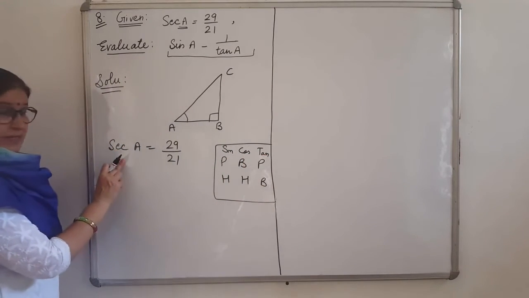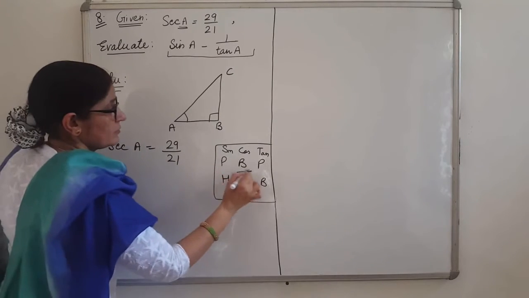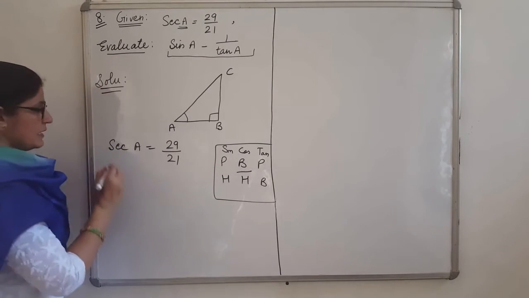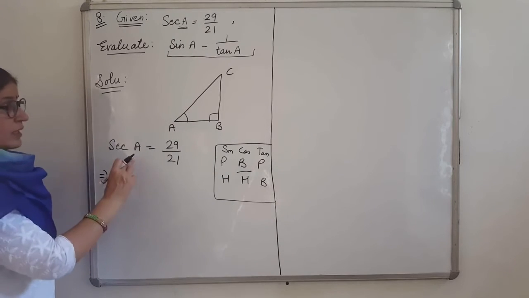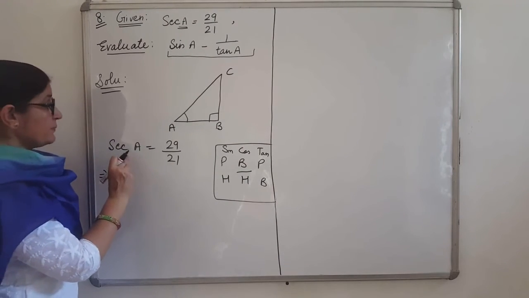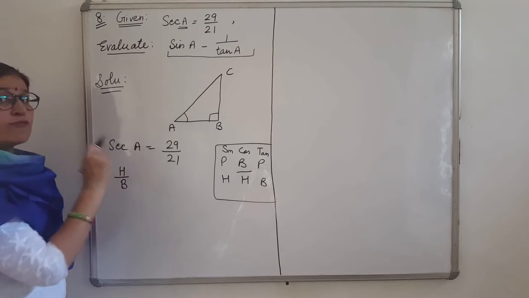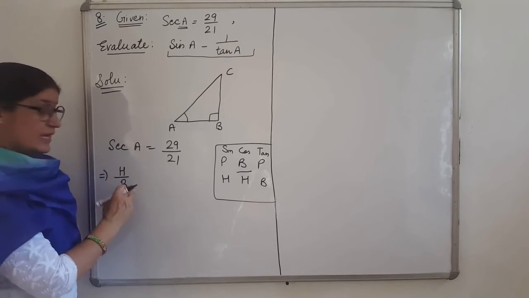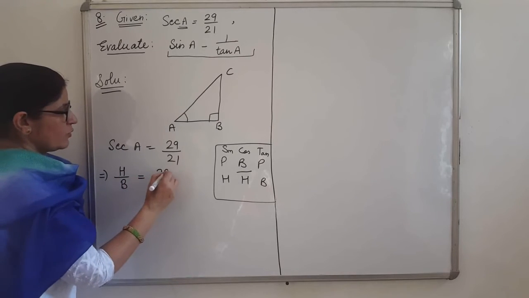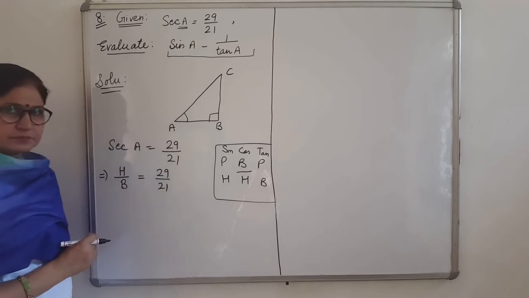We are talking about sec. Sec is the reciprocal of cos. That means h over b. Again I tell you this thing: secant is the ratio of h over b, that means hypotenuse over base. It's equal to 29 over 21.